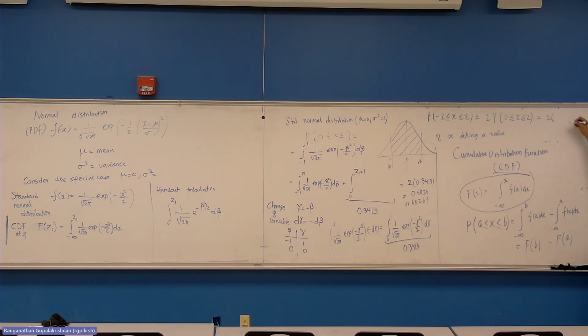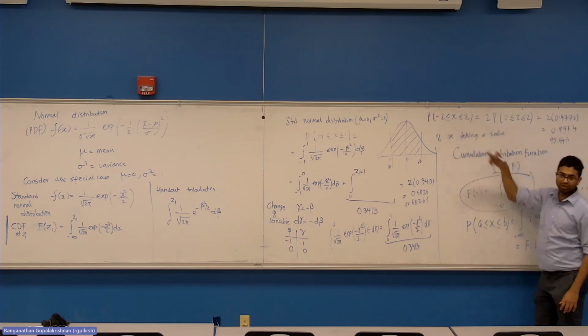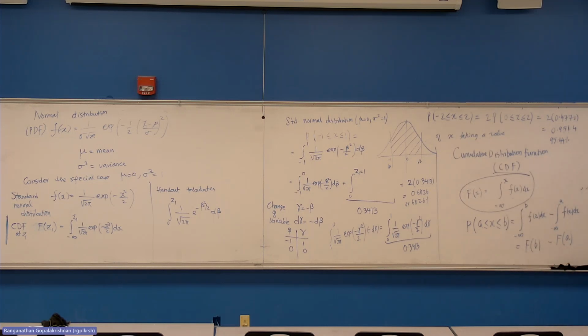It's 0.4772, so 2 times that is 0.9544, or 95.44% lies between -2 to +2. That is the common way of saying 95% of the values lie within 2 standard deviations.